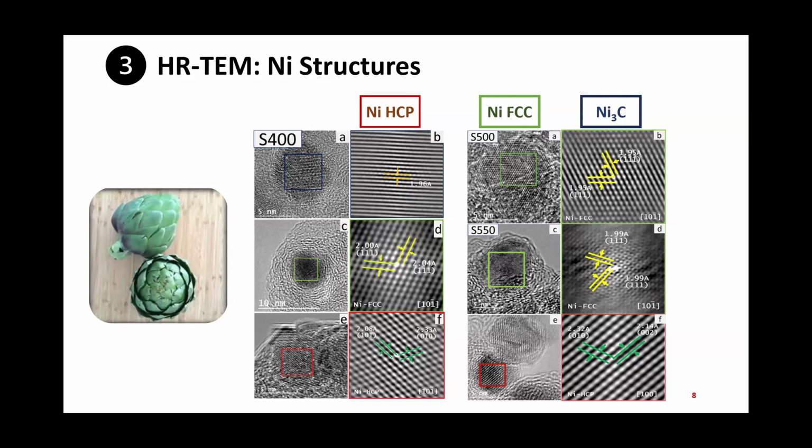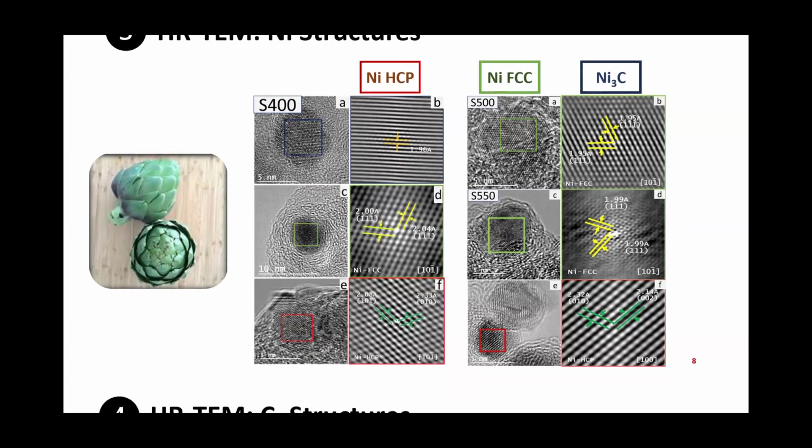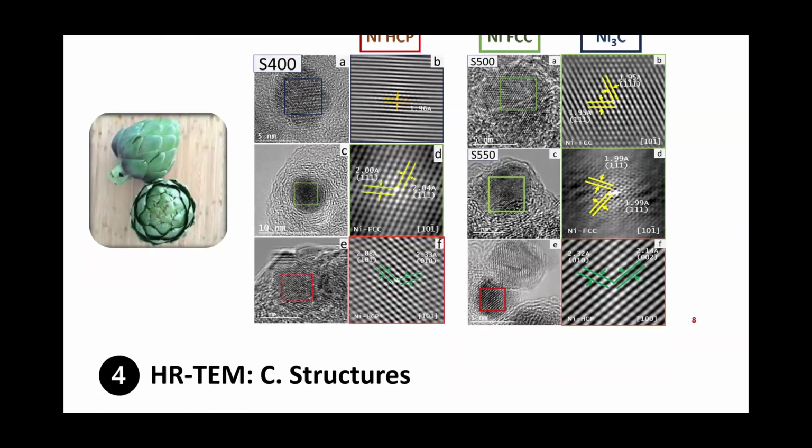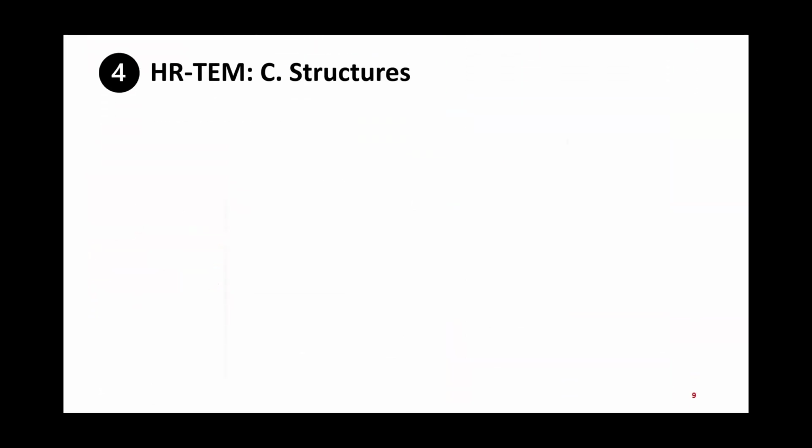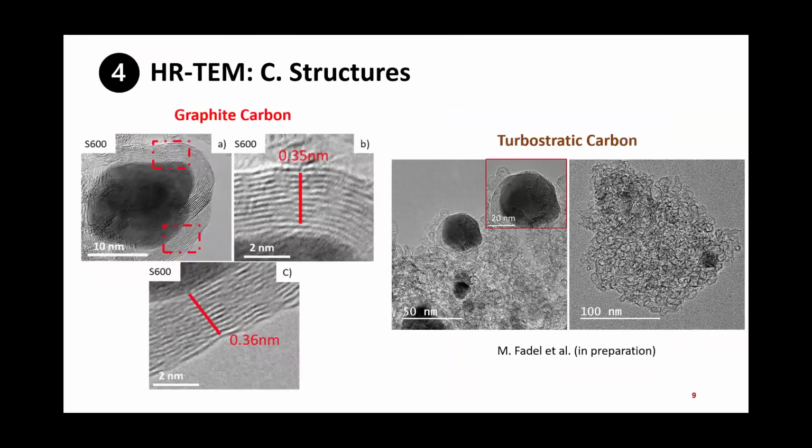By raising the carbonization temperature, I found that these unstable phases of nickel transformed completely to a core of nickel FCC surrounded by 7 to 10 graphite layers, and in the background we have the turbostratic carbon.